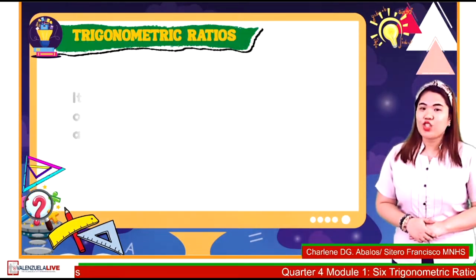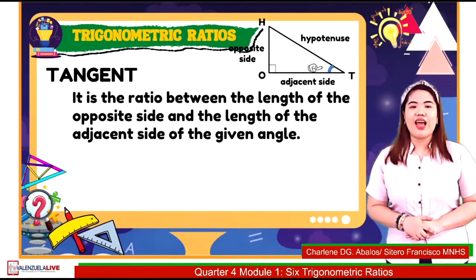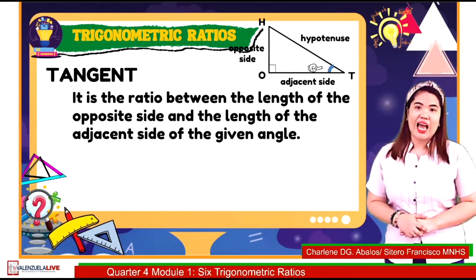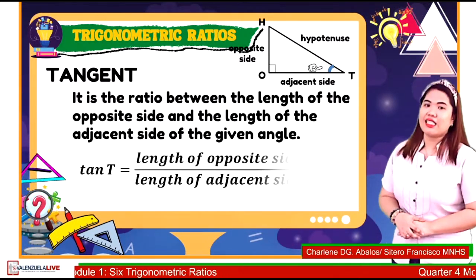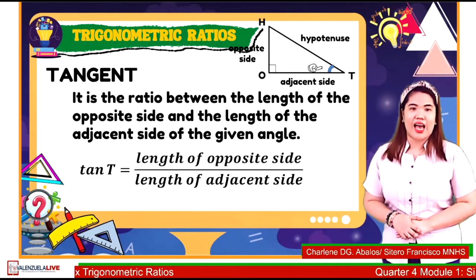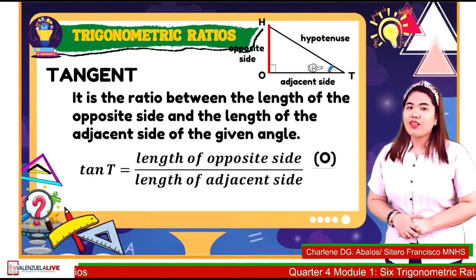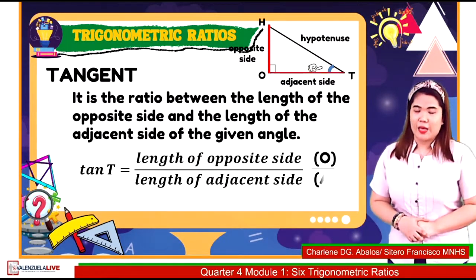It is the ratio between the lengths of the opposite side and the length of the adjacent side of the given angle. Hence, we have tangent T is equal to the length of opposite side, which can be represented as O, over the length of the adjacent side, which can be represented as A.